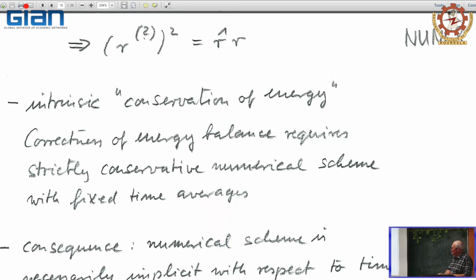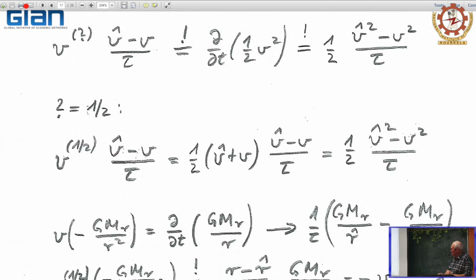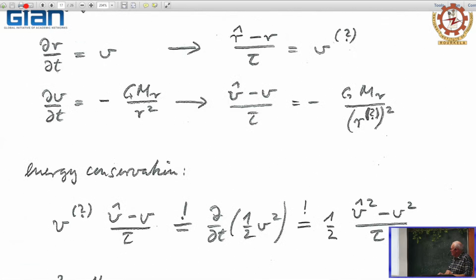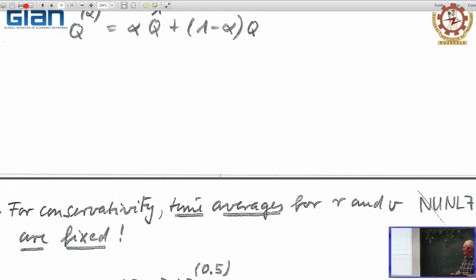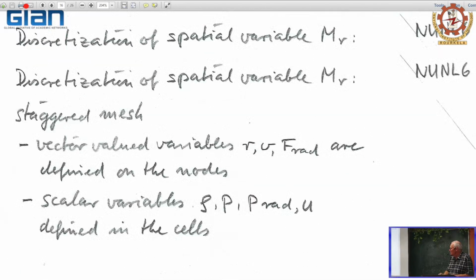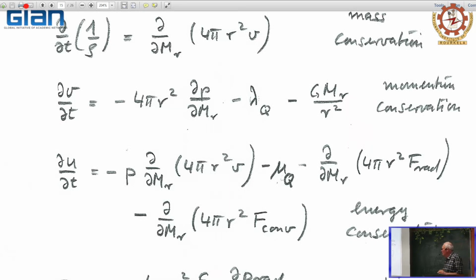Once the gravity has to be discretized like GM over r hat, the right-hand side of the original differential equations will contain not only quantities at the current time step, but also quantities at the subsequent time step.